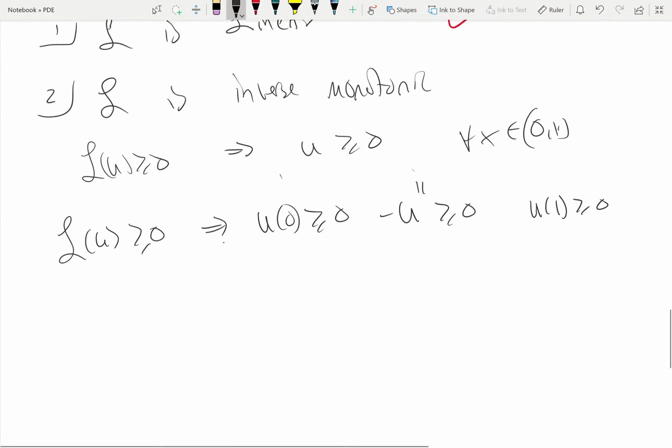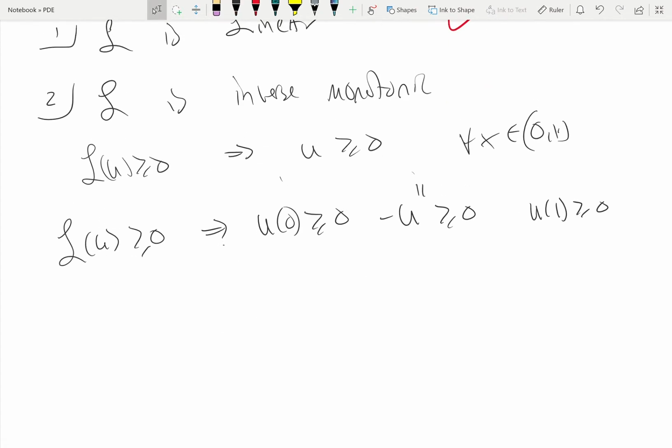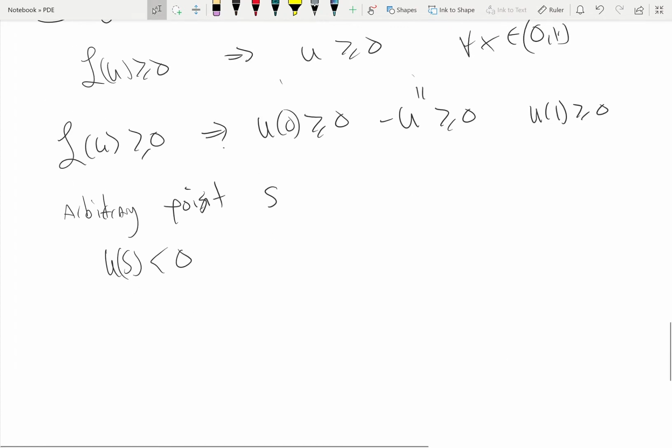So, how do we prove this? It's kind of a simple proof, kind of a dumb one actually. But let's say we introduce an arbitrary point S, right, such that u of S achieves a local minimum that is negative, right? It's less than 0, okay? Which is a contradiction to this one, right? But we're just going to show that if it didn't, it would have this.